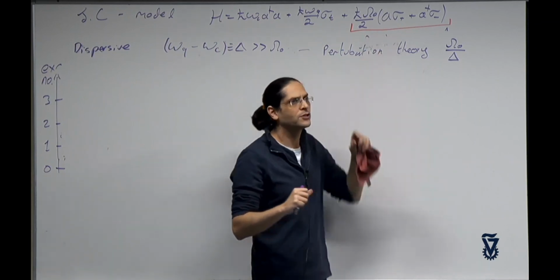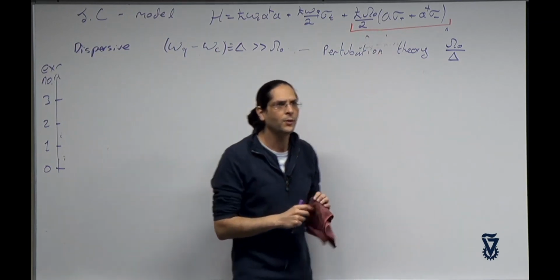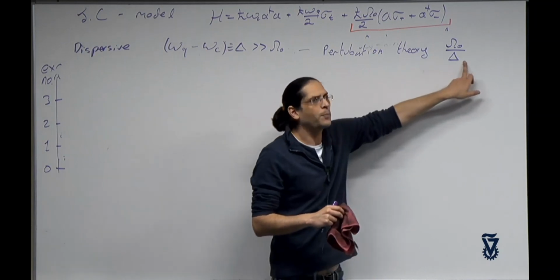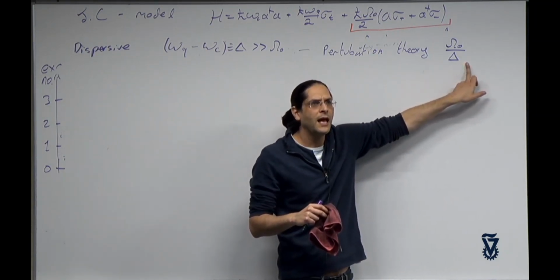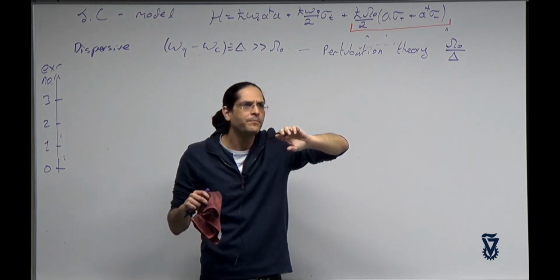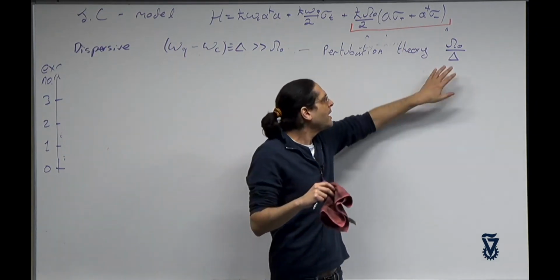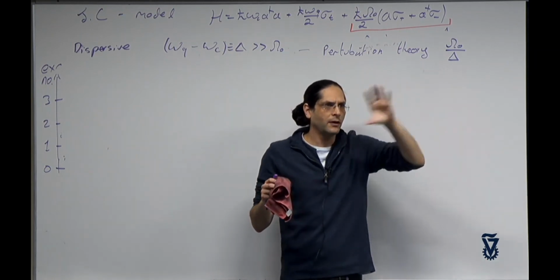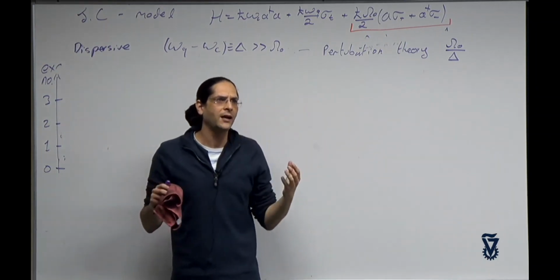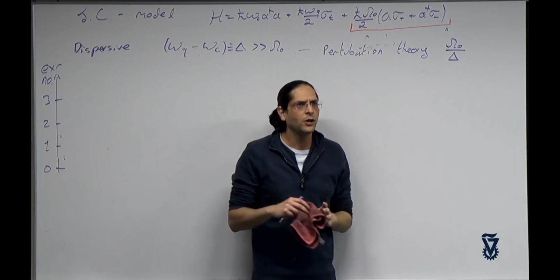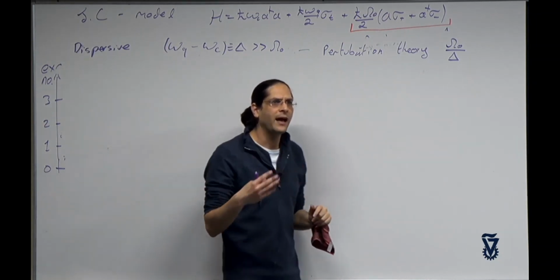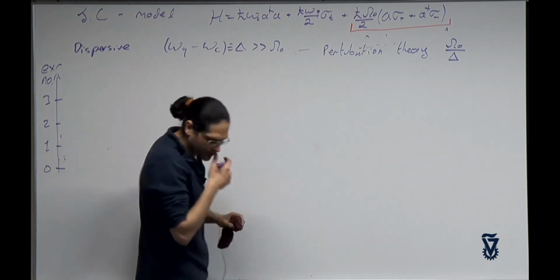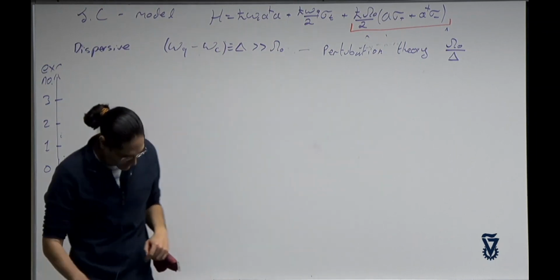Here we're going to look at the whole spectrum, but because we have this small parameter, we're going to do perturbation theory and take the diagonal elements, which are going to be the largest. We'll develop the series and throw away the non-diagonal terms, which are going to be much smaller than the diagonal terms, and get a diagonal Hamiltonian and see how that behaves. So that is the plan for what is called the dispersive limit.